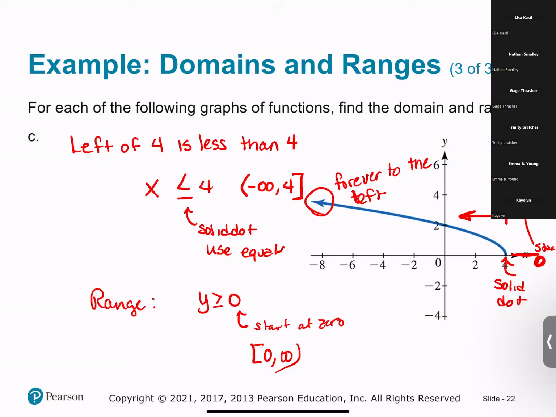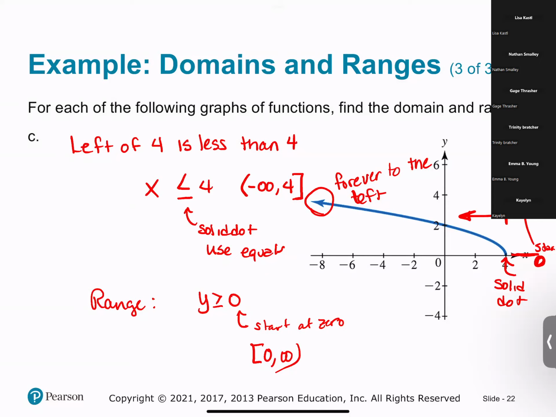There's one other thing I want to mention. I know I'm out of time, but I'm going to mention it anyway. When you write interval notation, you always write from the smaller number to the larger. It's always left to right, or bottom to top. Always the domain is left to right. So it's negative infinity to 4 because negative infinity is to the left of 4 on the number line.